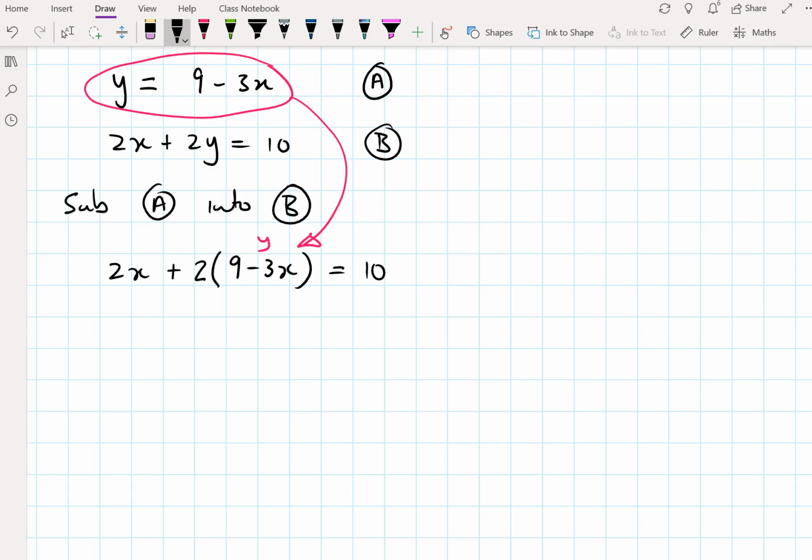Now if we tidy this up, we're going to get 2x plus 18 minus 6x is going to equal 10. And when I tidy that up, I'm going to get minus 4x is going to equal minus 8. And so I'm going to get that x is equal to 2.